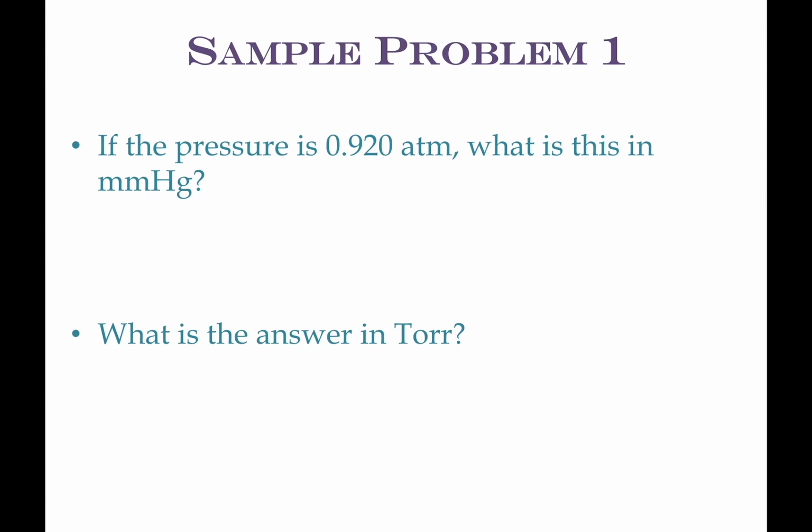So if the pressure is 0.920 atmospheres, what is this in millimeters of mercury? We're going to do a unit conversion just like we've been doing, 0.920 atmospheres. Our unit conversion is going to be what we had on the previous slide. 1 atmosphere is equal to 760 millimeters of mercury.